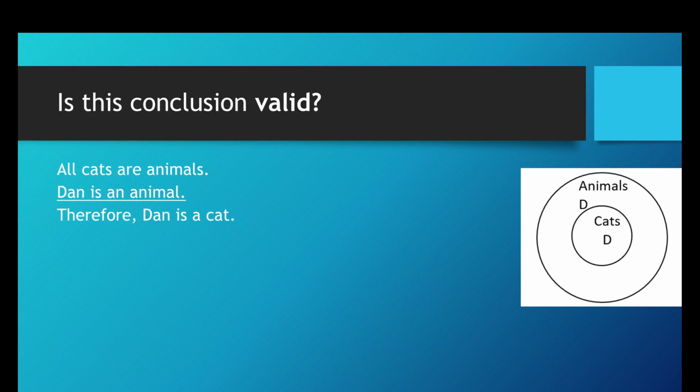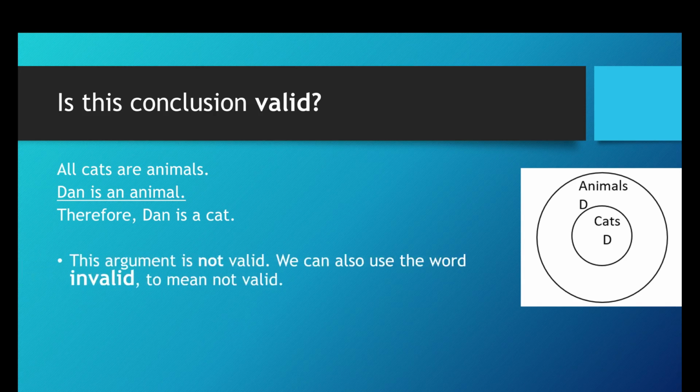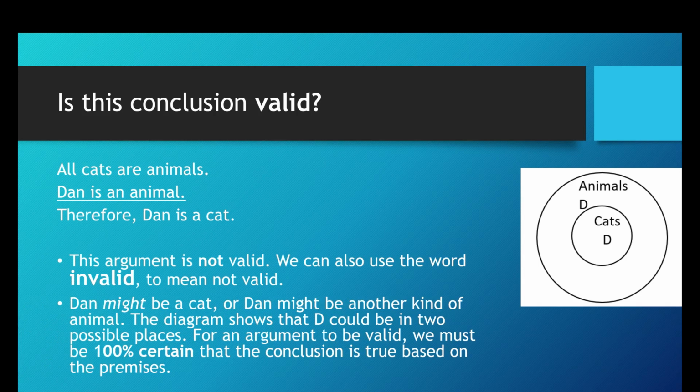So therefore Dan is a cat. Is that a valid conclusion? No. We use the word invalid to mean that's not a valid conclusion for that. Why not? Because Dan might be a cat here, or Dan might be an animal that's not a cat out here, and for an argument to be valid, the conclusion has to follow 100% certain from the premises, not sometimes or partly or could be.